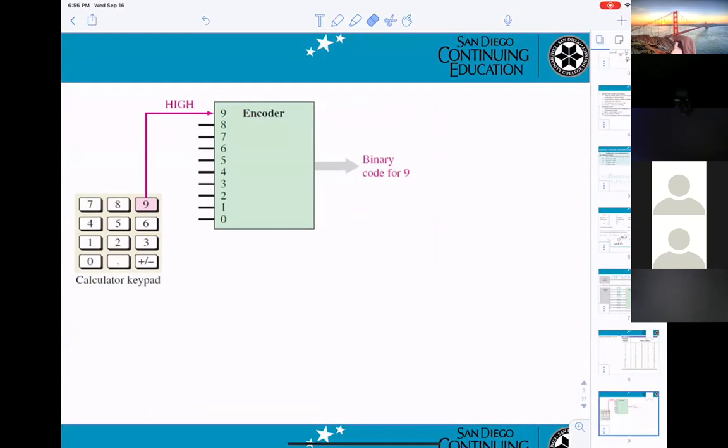And basically the computer cannot understand number 9. So that's why they need this IC to convert to the binary number 9. That means they convert it to 1, 0, 0, 1. So the computer can do it. The computer cannot do anything with decimal. So that's how they work.